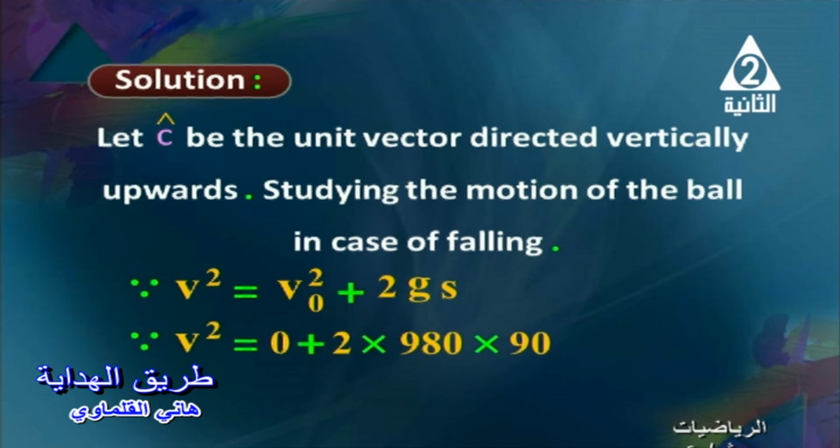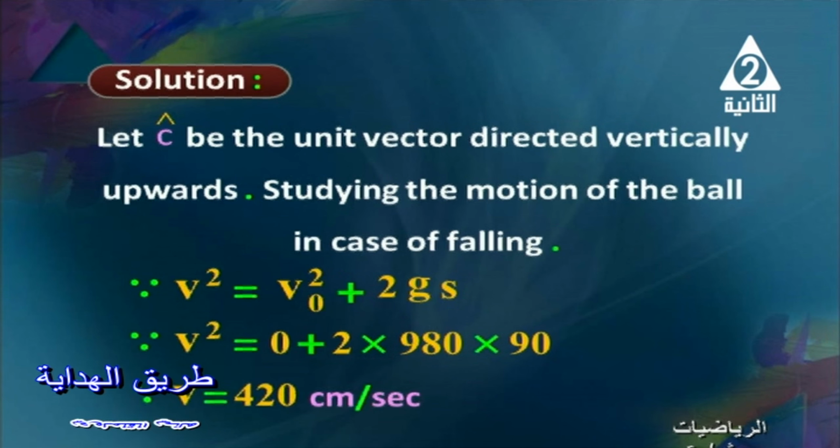V squared equals initial velocity 0, because the rubber ball is let to fall, meaning the initial velocity equals 0, plus 2 multiply g 980 centimeter per second squared, multiply the displacement or the height, which is 90 centimeter. So the velocity v equals 420 centimeter per second.